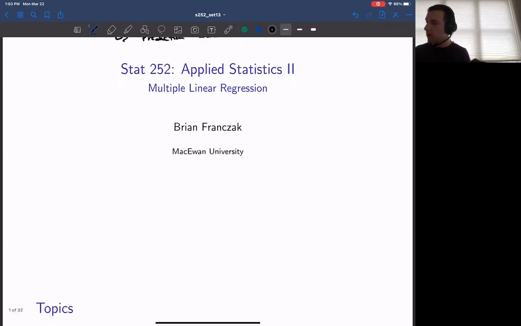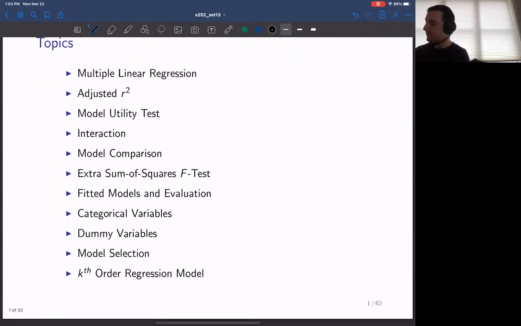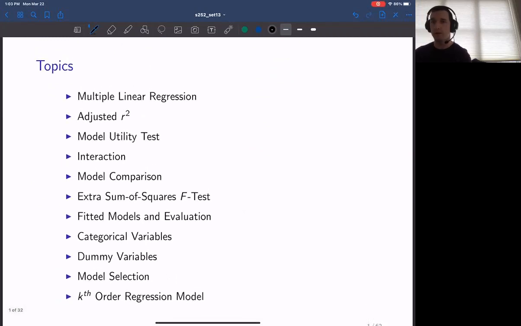Okay. All right, so this is a longer lecture set. So we actually cover a lot of different topics in this lecture set. The first sort of, let's say, from here to here, this would be the most important part of the lecture set. So sort of the foundational aspects of our study of multiple linear regression.